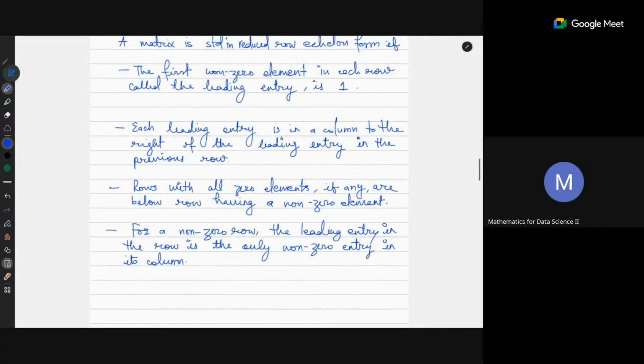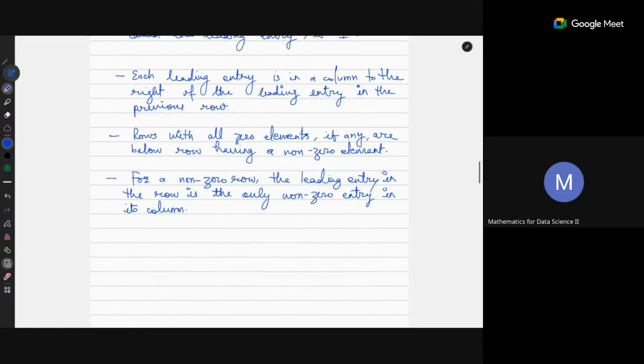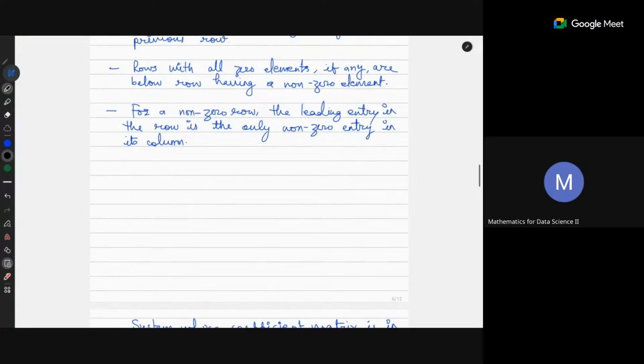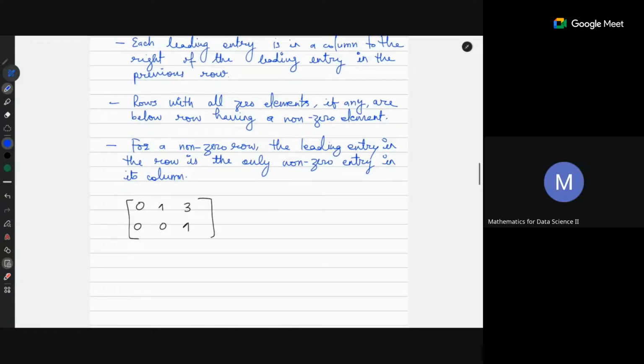All right. So we saw these examples: 0, 1, 3, 0, 0, 1. This was in row echelon form. Everyone agrees to that. But this is not in reduced row echelon form, because if you look at the second leading entry, the column corresponding to it has non-zero entries other than 1.